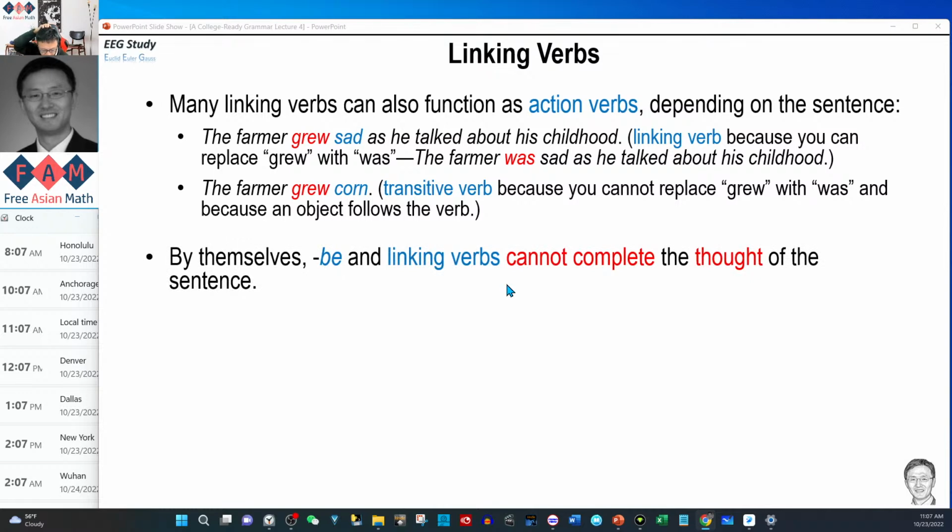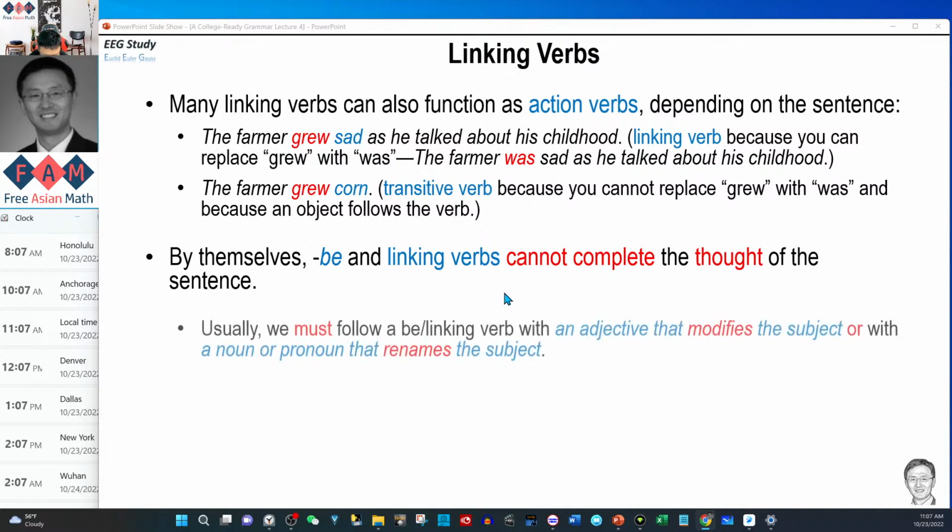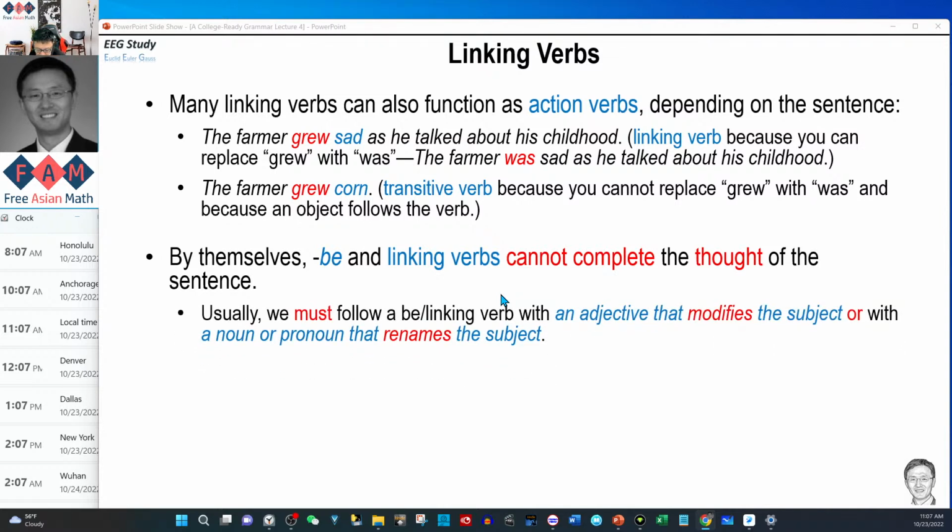So in summary, be verb and linking verb, we are talking about linking verb in the narrow sense. In a broader sense, it includes the be verb. They cannot complete the thought of the sentence. Okay? So usually we must follow a be verb or linking verb with something.